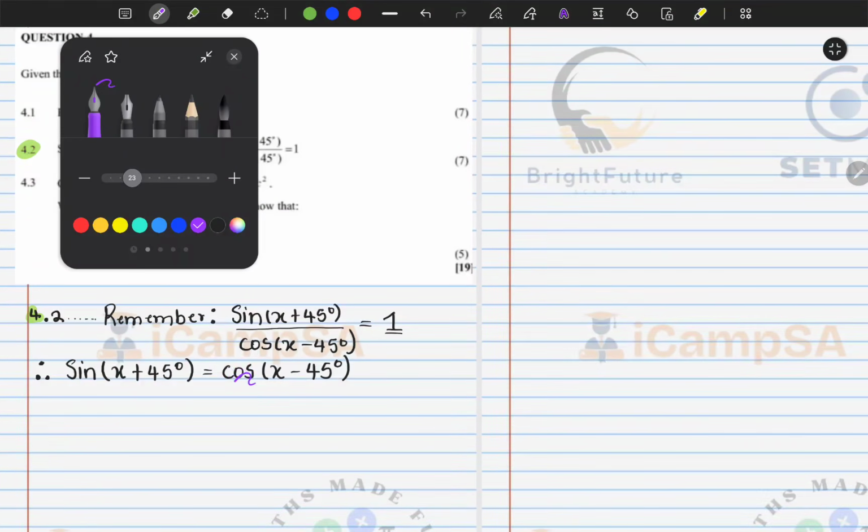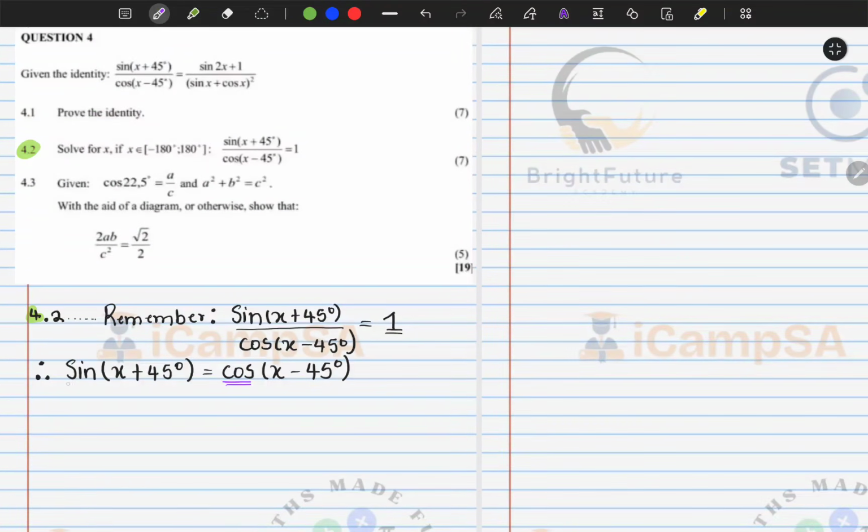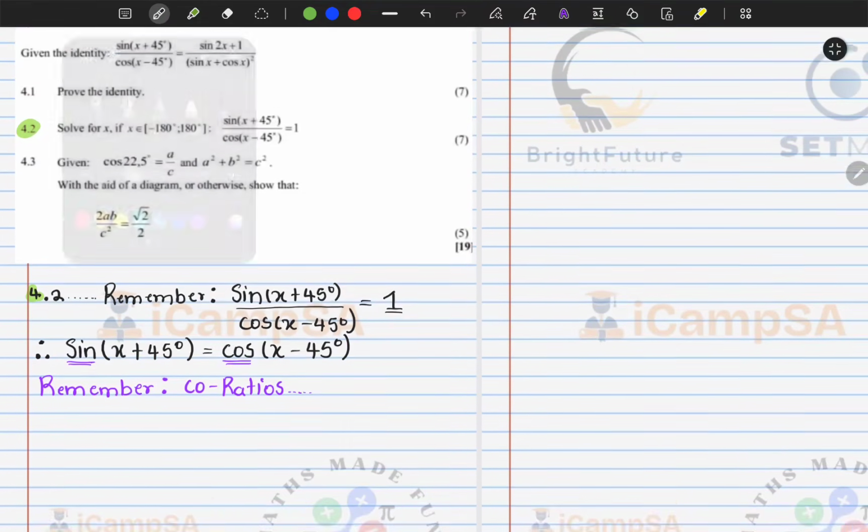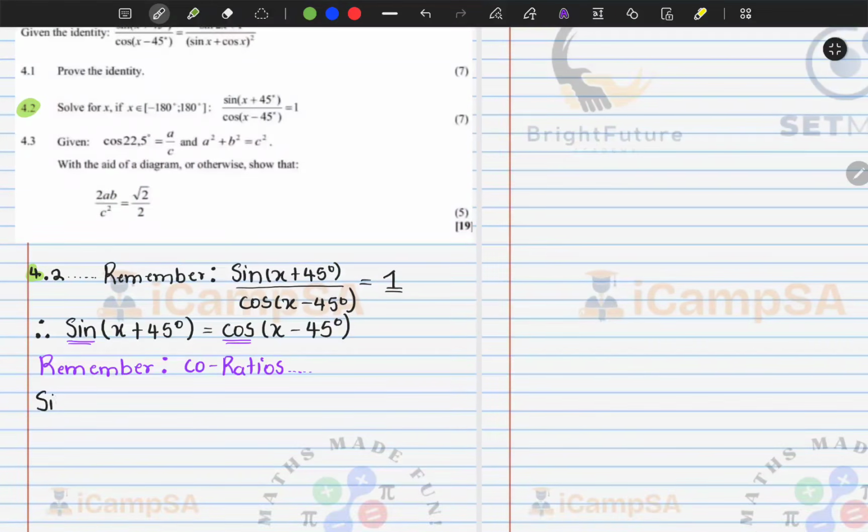But now we need to think carefully. On one side you have a cos, and on another one you have a sine. So what I need you to remember is co-ratios. So what about co-ratios? This is what I want you to remember, which is that sine of theta is the same as cos of 90 degrees minus whatever angle that you had on the sine.